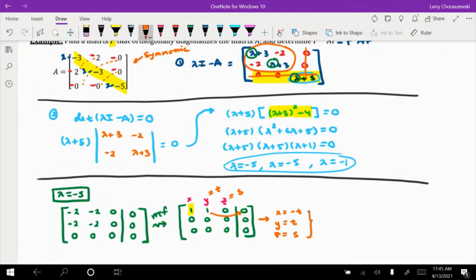Now this is all going to get blended into a solution vector that we could actually split up as a sum of two individual vectors. One vector involving the parameter t, and the other vector involving the parameter s.